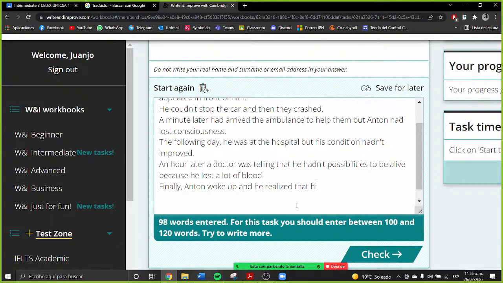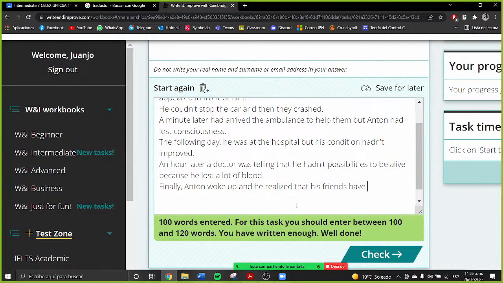His friends, sí. Friends have. Donate. Had en pasado. Had donate without E. Perdón, se me van las letras. Donated blood for him. Yeah, it's all.